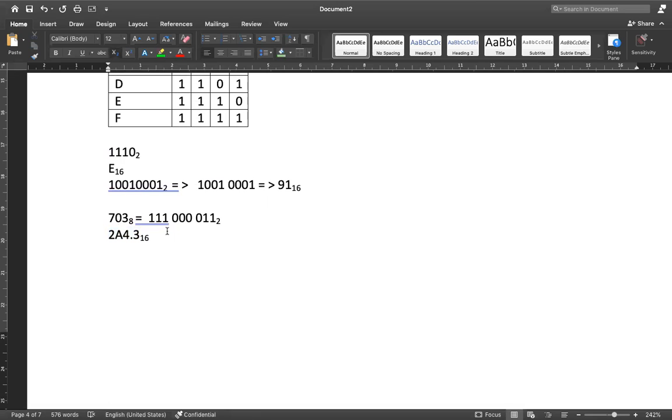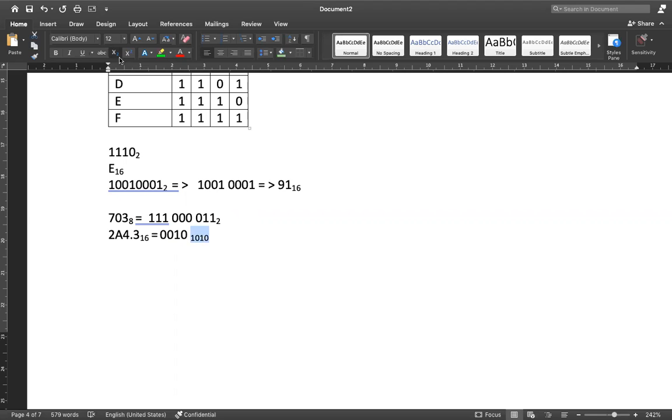Okay. So can you write the binary value for this? What is the binary value for this? 2 means? 0 0 1 0. A? 1 0 1 0.